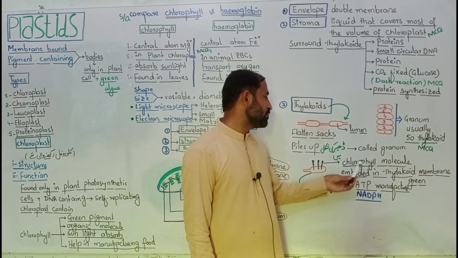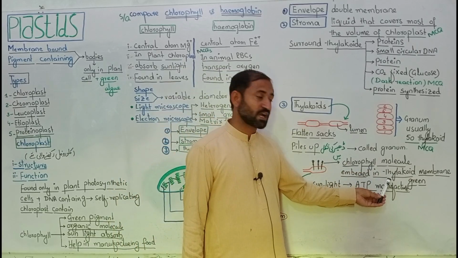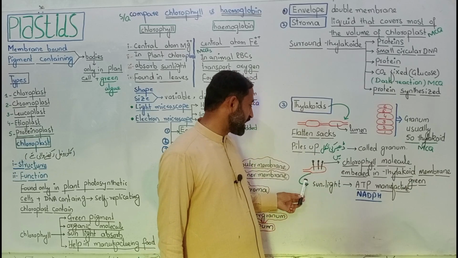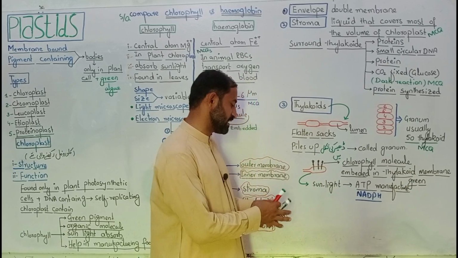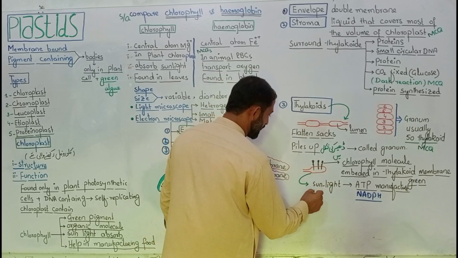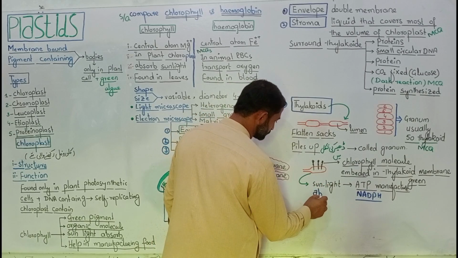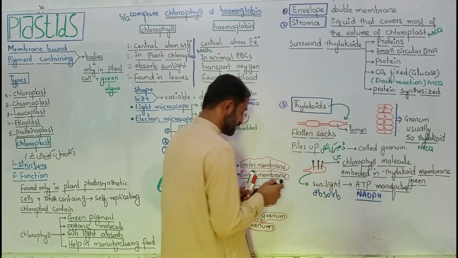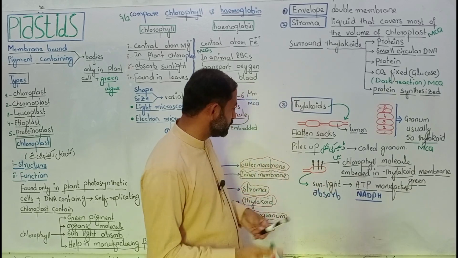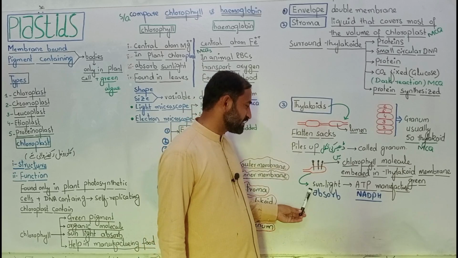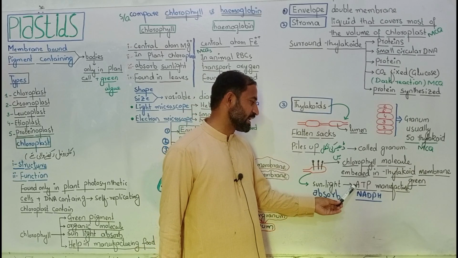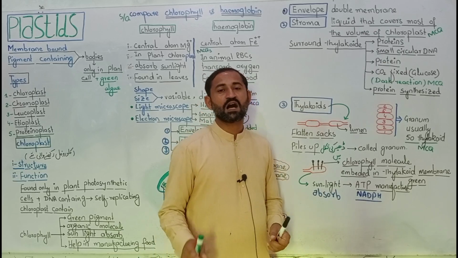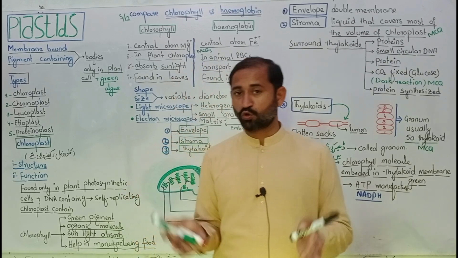So chlorophyll molecules embedded in the thylakoid membrane absorb sunlight, and this is used to manufacture ATP and NADPH. This was all about the chloroplast.